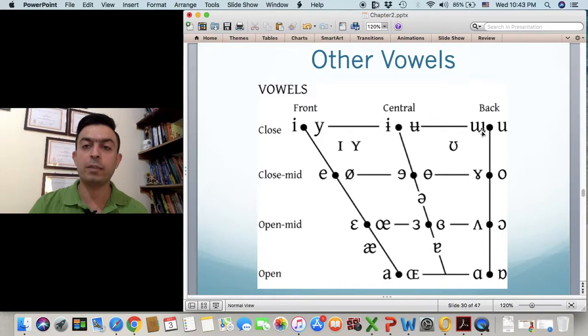Like, for example, look at this one. This is in Japanese. This is like ooh, but the lips are not rounded like that. So, of course, we need to listen to these vowels. We need to train ourselves on how to say them, although it's hard because they're not like consonants. So, yeah, again, these are the vowels of all the languages around the world.